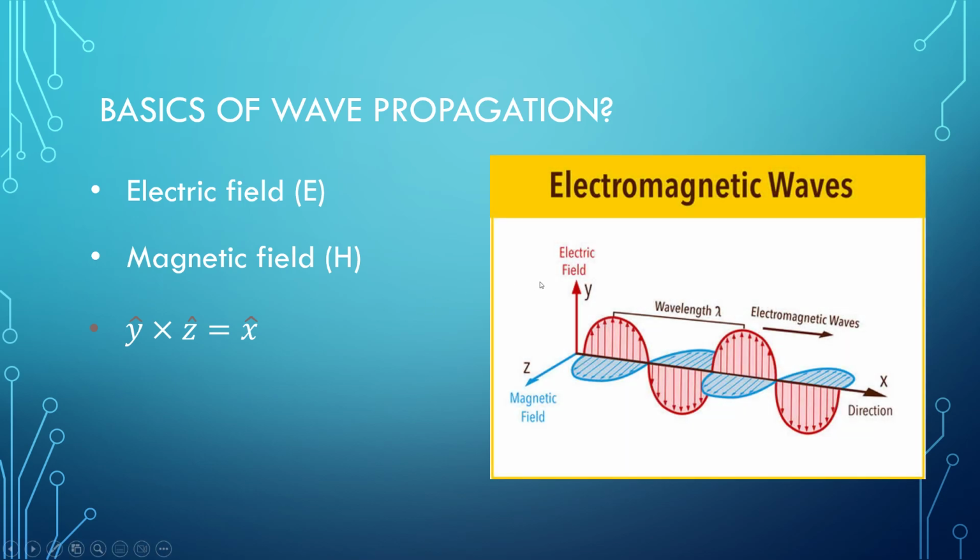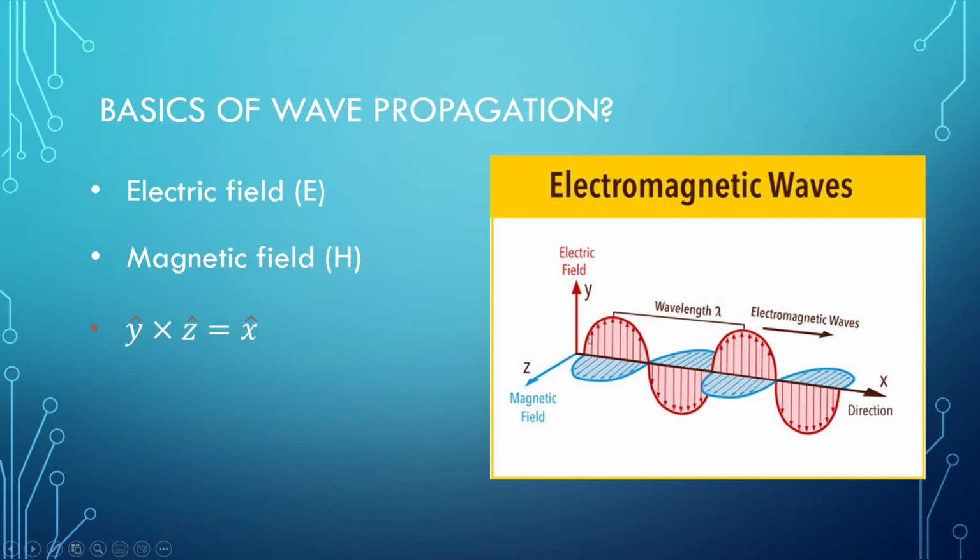As you can see here in this picture, if you point your finger along the y direction and then curl them toward the z direction, your thumb will point to the direction of propagation of the wave, which in this case is the x direction.